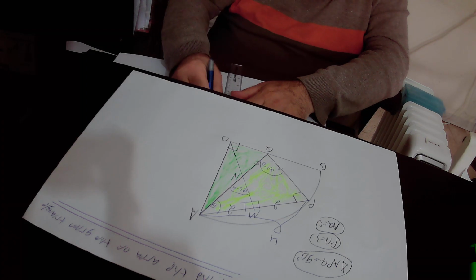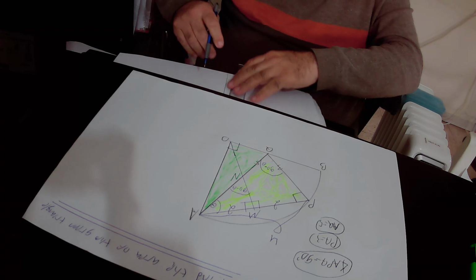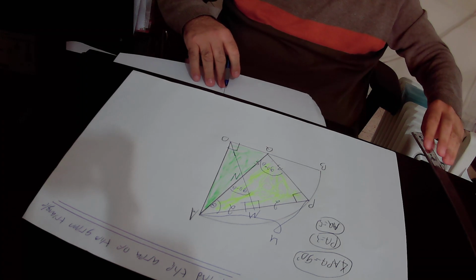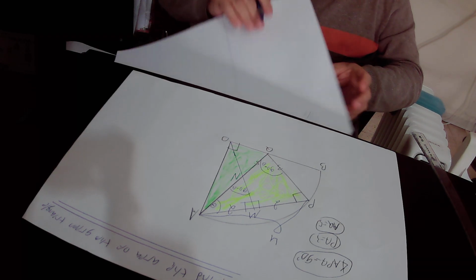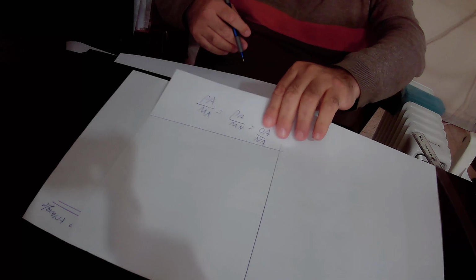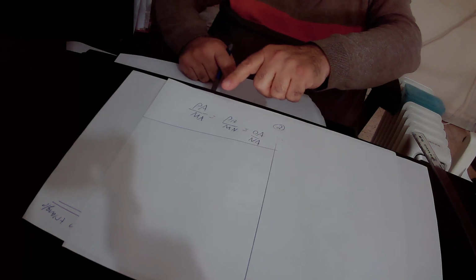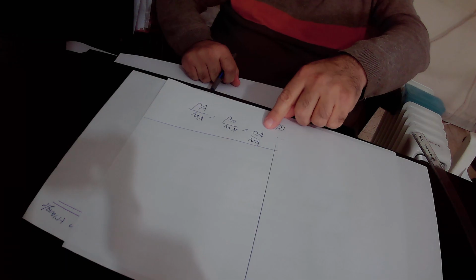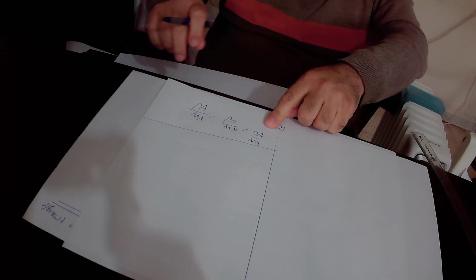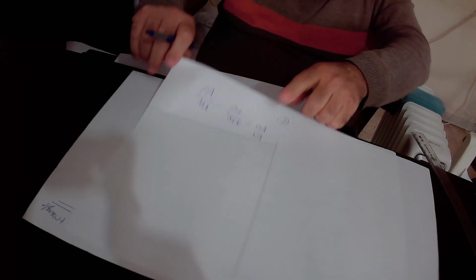I'll repeat again. Because the two right triangles are similar to each other, we can conclude that PA over MA equals PQ over MN equals QA over AN.